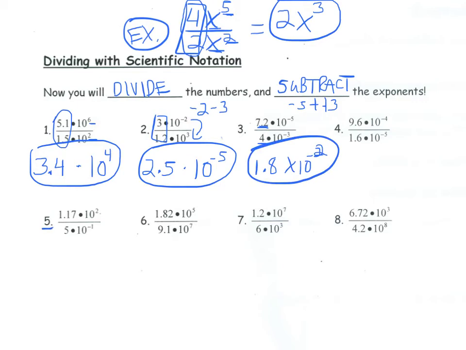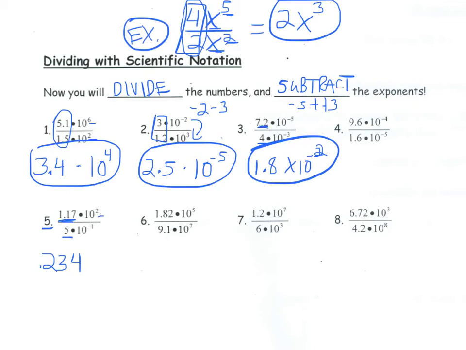Okay, let's skip down to number 5. Now number 5, we're going to get a decimal that's not going to be between 1 and 10. So at the end, we're going to have to rearrange the decimal point. Okay, so I know I'm going to divide the numbers first. So 1.17, I'm going to divide that by 5. That gives me 0.234. I don't like that number because it's not between 1 and 10.